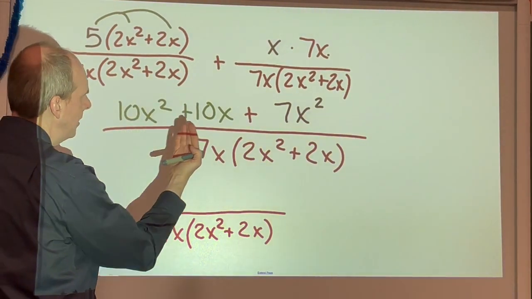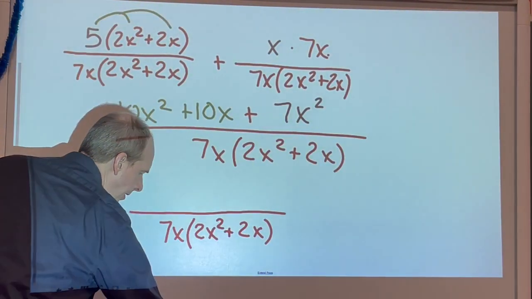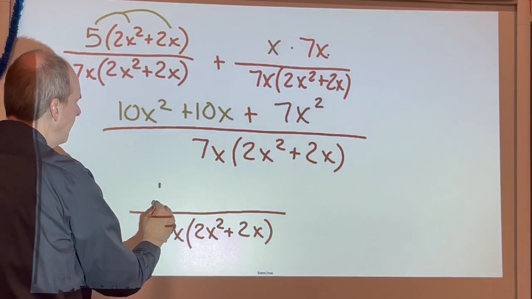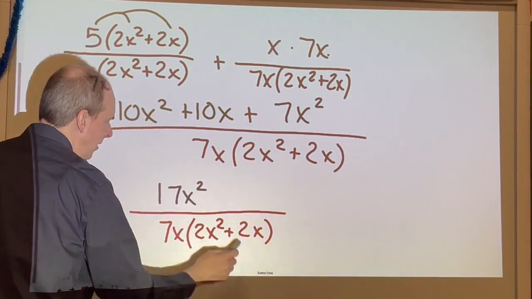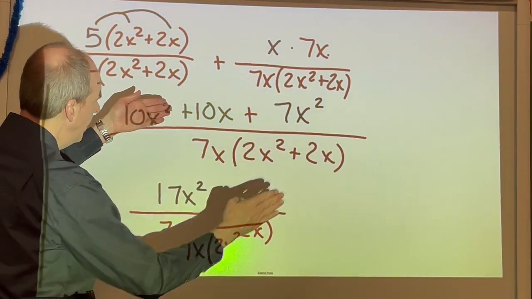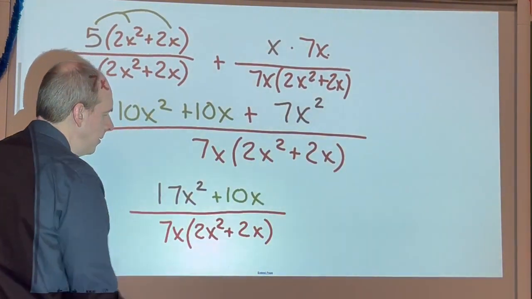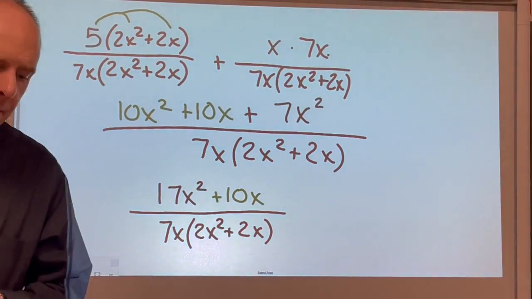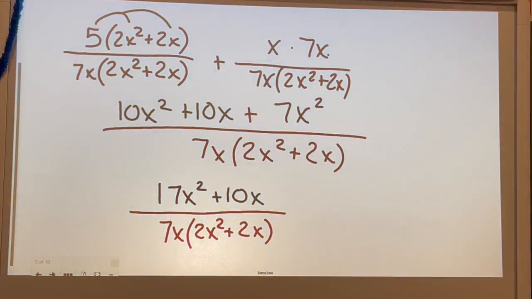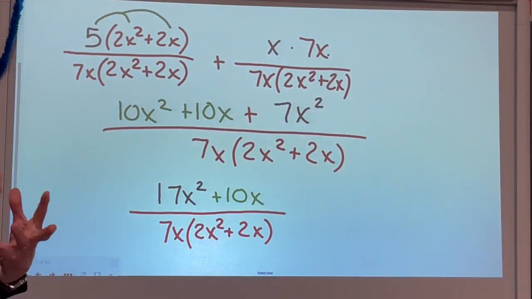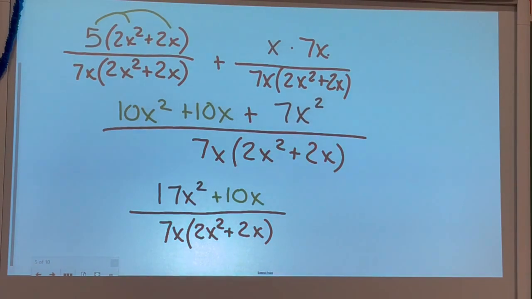So 10x squared plus 7x squared would be 17x squared. That takes care of that now. What's left? Plus 10x. Now, you might be thinking, am I done? Well, yes and no. That's a good start. We have to look and see, is there anything that can factor and cancel, right?